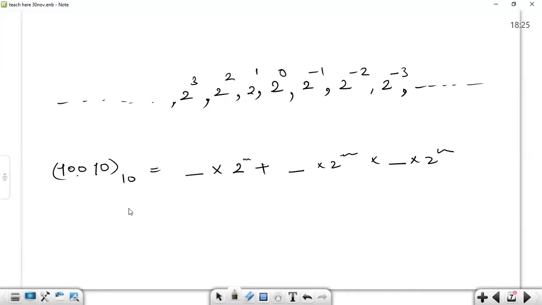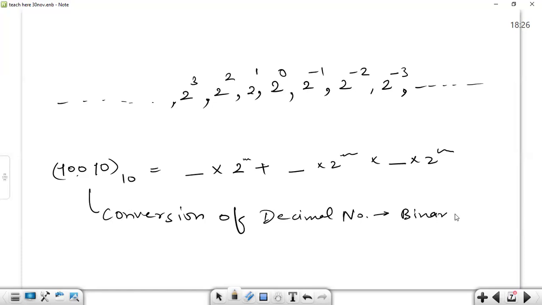So how do we find it with a particular technique, so that we'll be able to convert any decimal number to binary number.